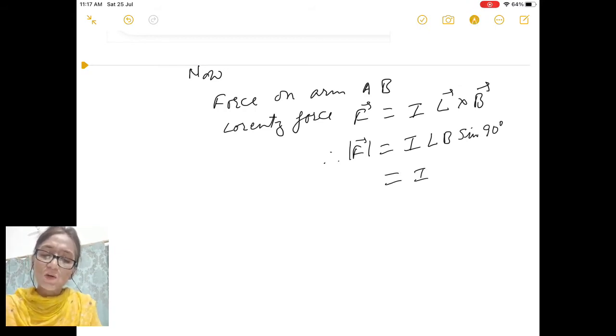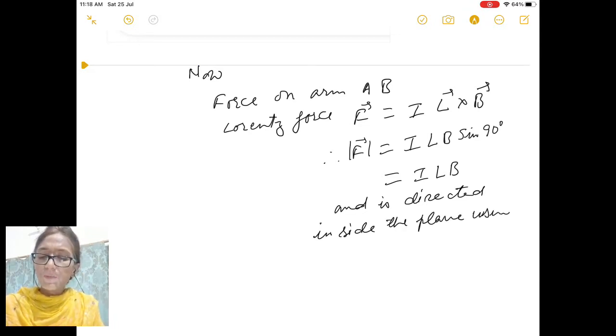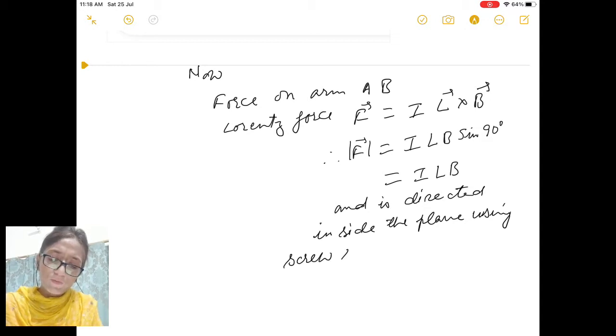So this is equal to ILB and is directed inside the plane, using the right hand thumb rule, or better I should say the screw rule.